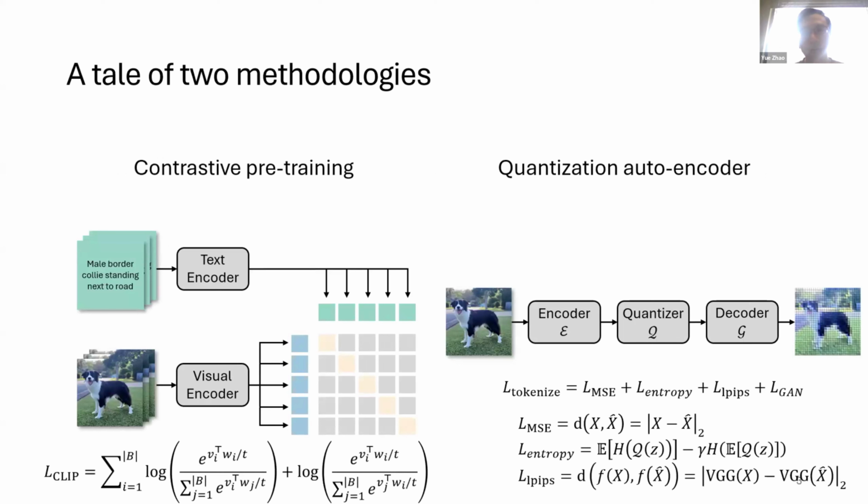If we go a little deeper into the methodologies, as I just mentioned, there are two separate directions. One is contrastive pre-training, like CLIP, for example, which shows very good performance for language and image.